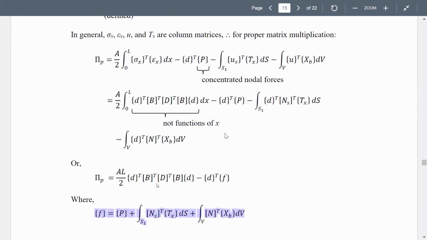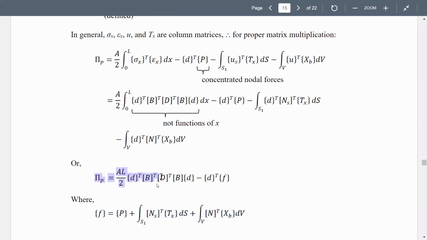F consists of this P, factoring the transpose out, plus the integral of N transpose T dS, and this last term, factored out, is the integral of N transpose X_b dV. This formula is very important. Keep it in mind, we will come back to this, we need this one.